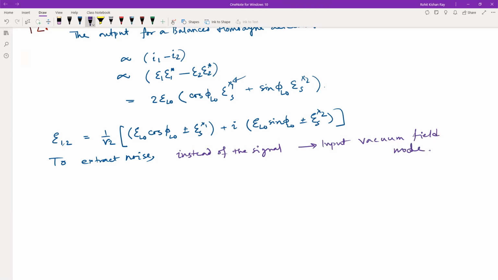When you do this, then the output is proportional to this. This is the equation for shot noise.